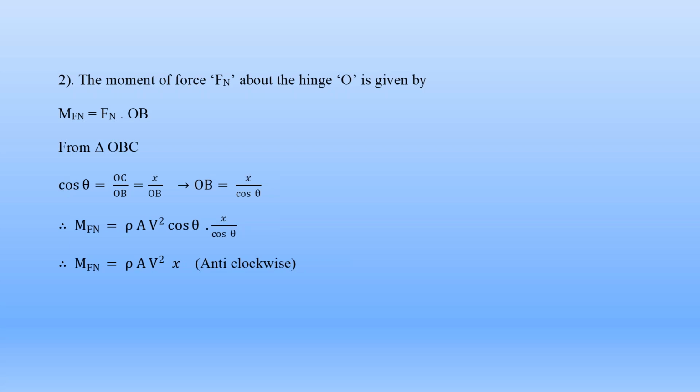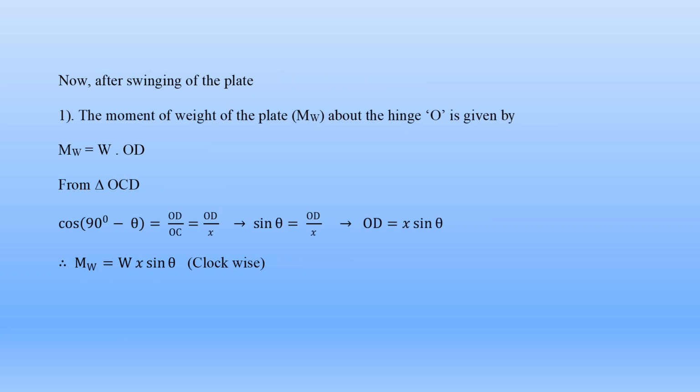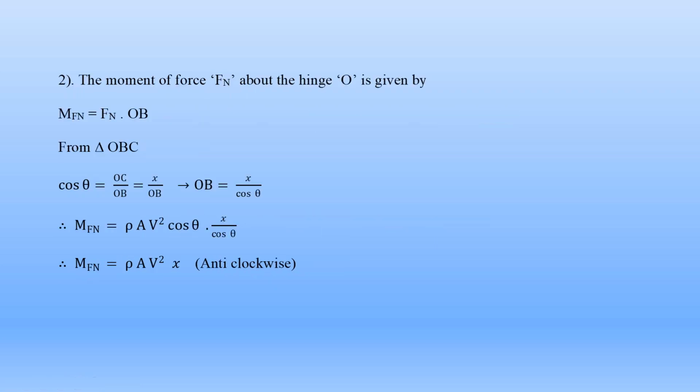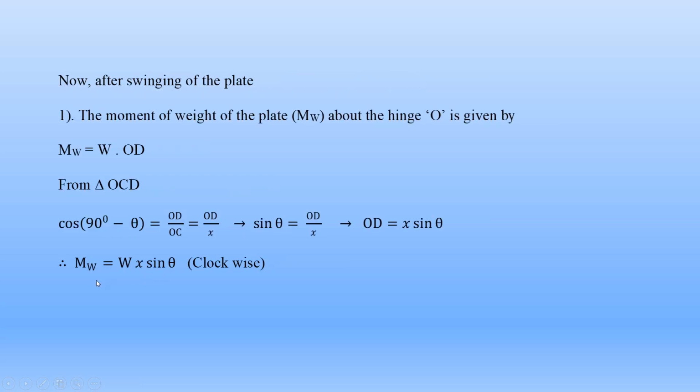So in this discussion, the hinge on the metal plate is subjected to two moments. One is the moment of the weight of the plate, Mw, clockwise. Clockwise moment is positive. Next, the moment of the force Fn, that is anti-clockwise. We calculated these two moments about the hinge point O. We know that the algebraic sum of the moment of forces about the hinge is 0.